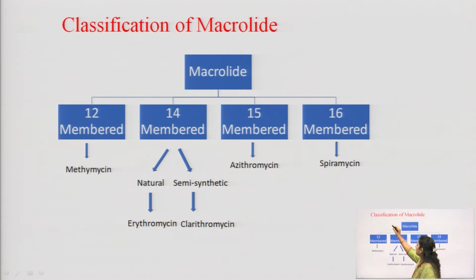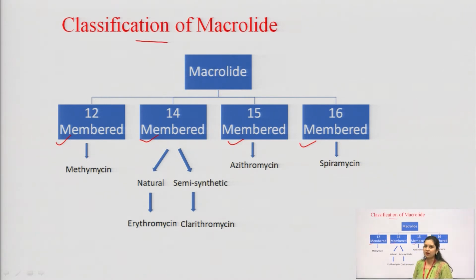If we talk about the classification, we see that depending upon the number of atoms present in the cyclic lactone ring, they are classified into 4 categories: 12 membered, 14 membered, 15 membered and 16 membered.